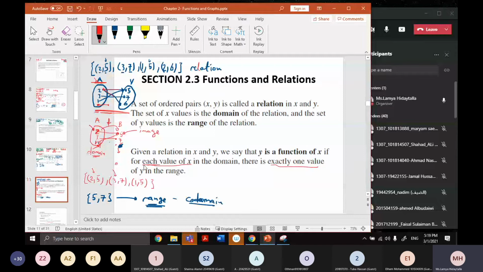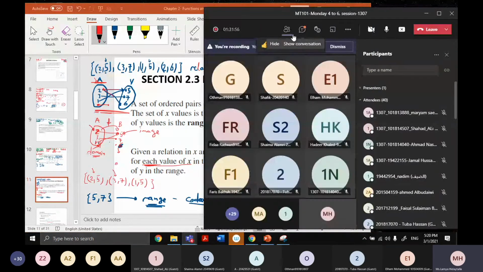So two conditions: every element in A should be mapped, and mapped to only one element. 2 only to the 5, 3 only to the 7. You don't find 3 with the 7 and 3 with another thing. So is it clear now? Is it clear for all of you?